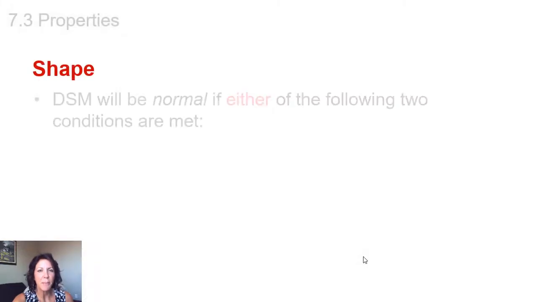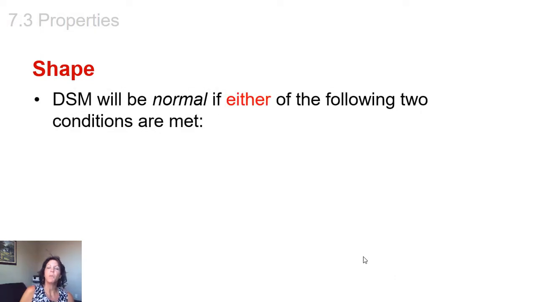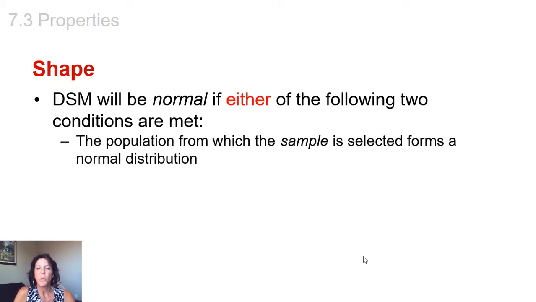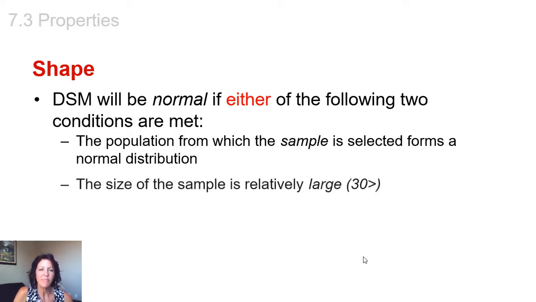So the shape, the DSM will be normal. And this is what the central limit theorem tells us if either of the following two conditions are met. So if the population from which a sample is selected forms a normal distribution, then the DSM will be normal. Also, if the size of the sample is relatively large, the DSM will be normal.